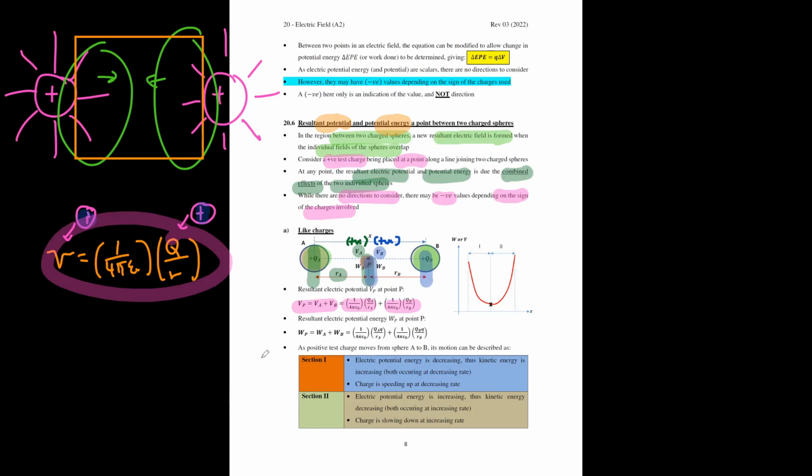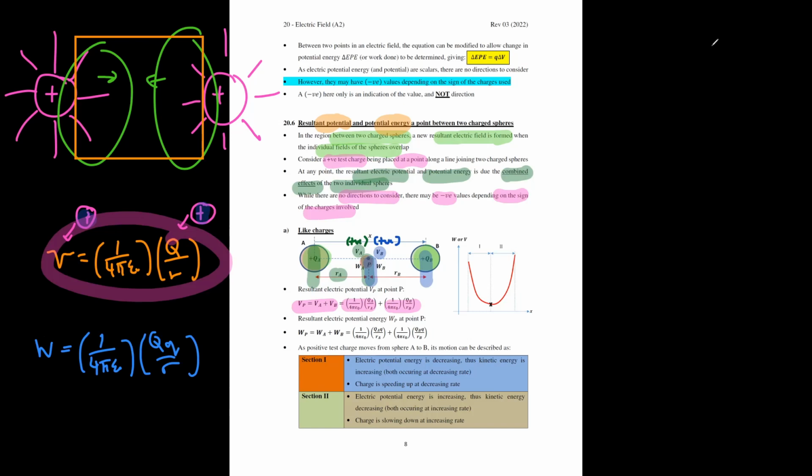Okay. So you will do the same analysis for electric potential energy too. It's going to be the same thing. The only difference now is that you have the small q, the small positive test charge, inside the equation. Potential energy, as I told you just now, is W equals 1 over 4 pi epsilon naught Qq over R, right?